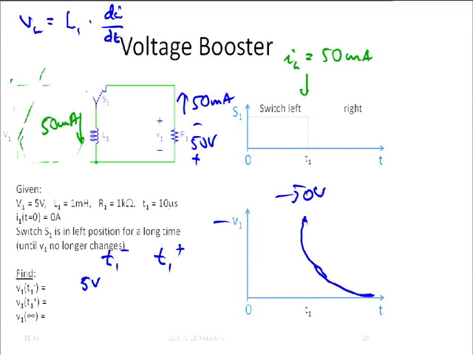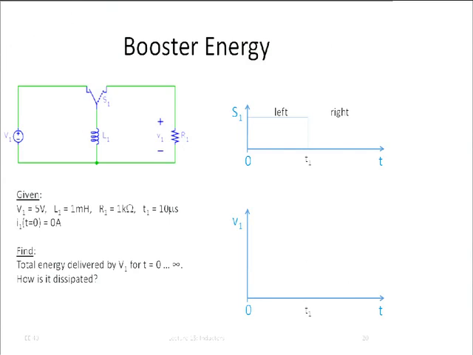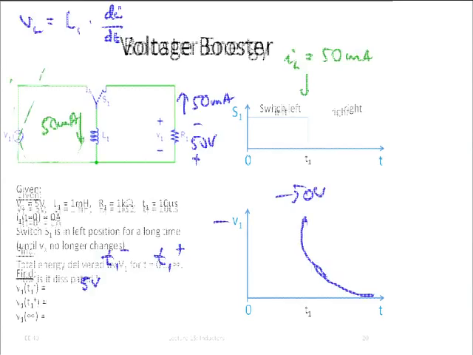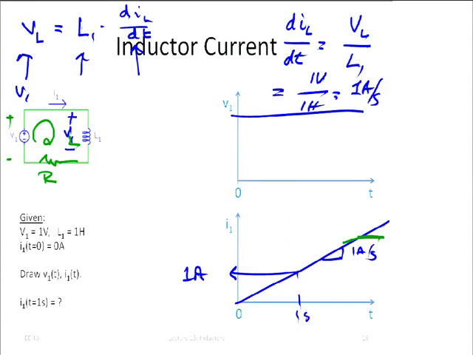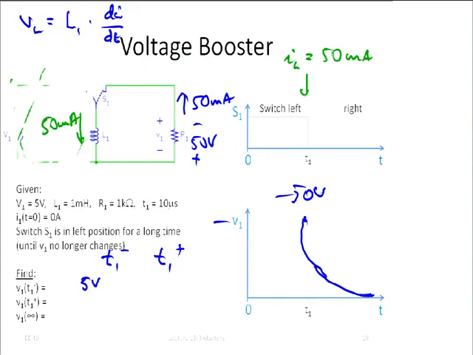Okay, so that's how we solve this. Are there any questions still on how to solve this? No questions? Okay, you understand that? Wait, I got a little confused. So is what we solved here the voltage across the inductor?